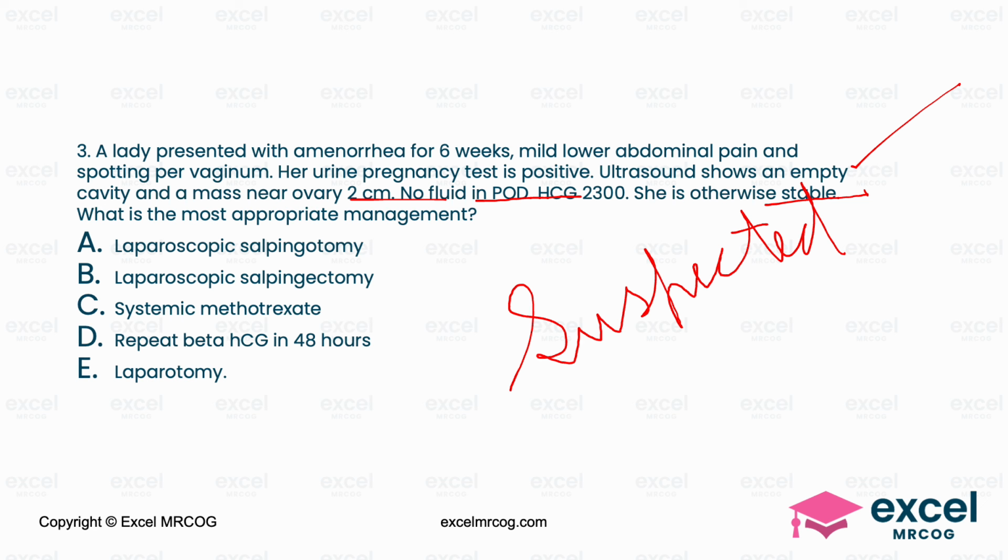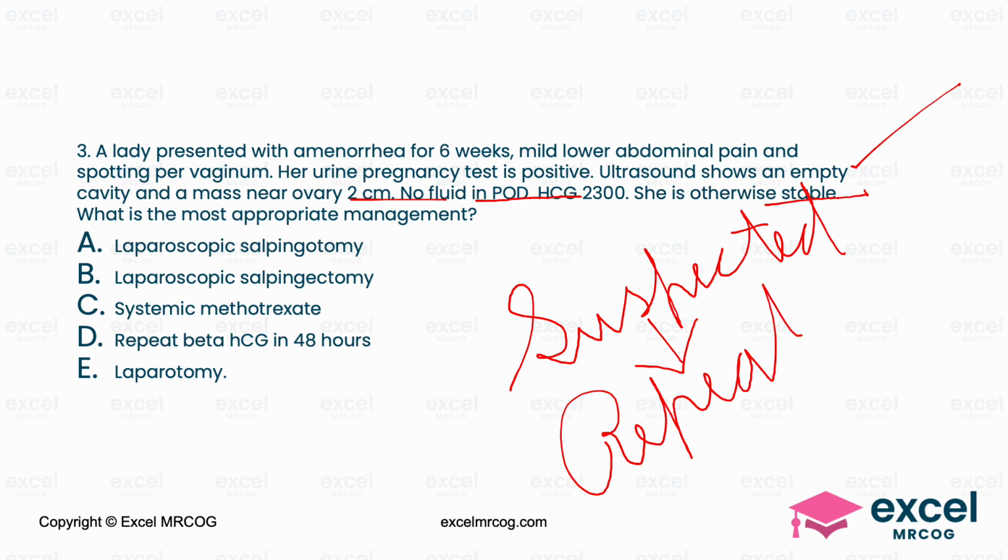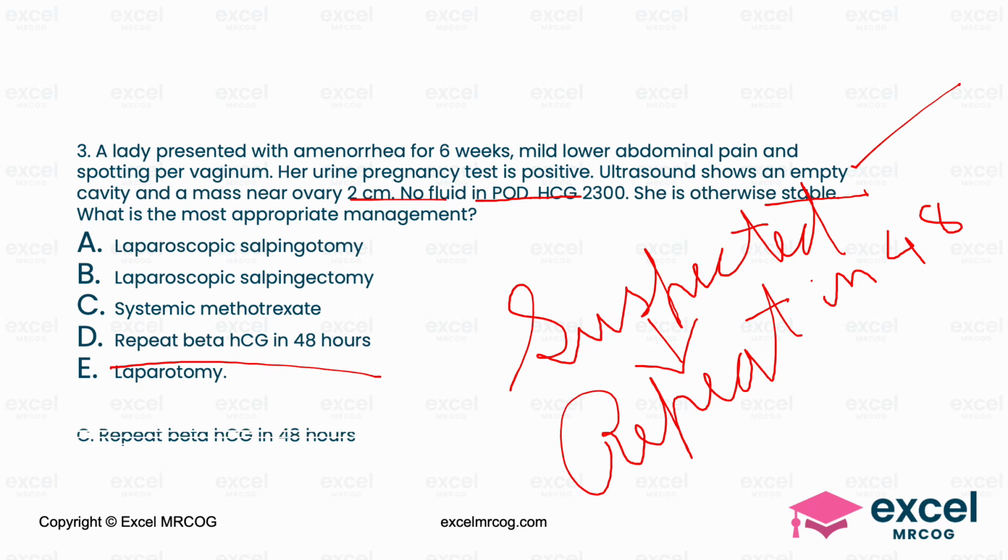But in this case, we would consider repeating in 48 hours because we do not really know what is happening here. So this is what you're going to do. Repeat in 48 hours. So that is going to be the answer.